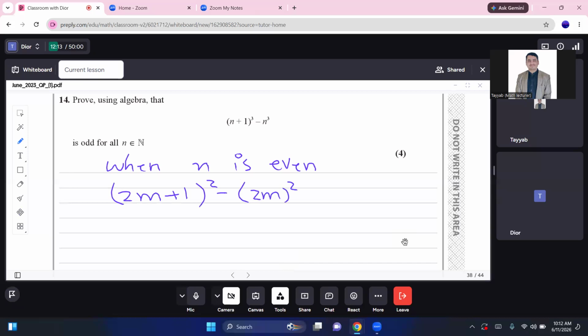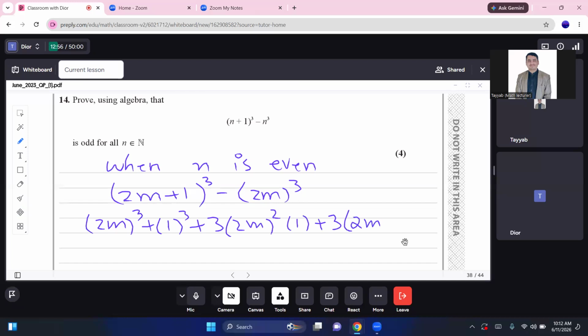So if we solve it, it's 4m squared plus 1 plus 4m. It's cube, oh my God. It's cube, not squared. One second. So a cube plus b cube plus 3a squared b plus 3ab squared.